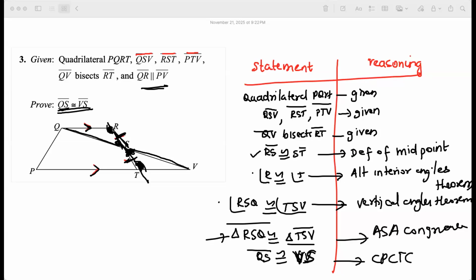RSQ, TSV, correct. The order is important when you think about it. So QS is this order. That will be VS, correct. Got it, guys? Order of the letters matters. Can I move on?